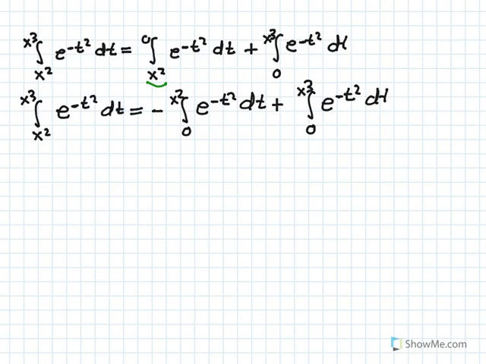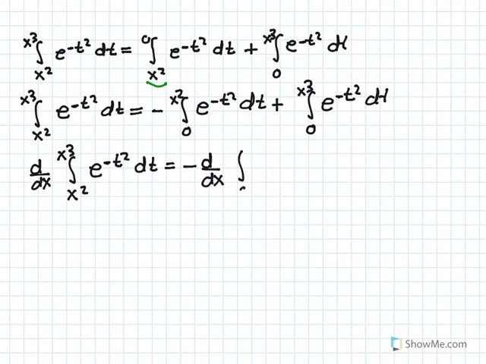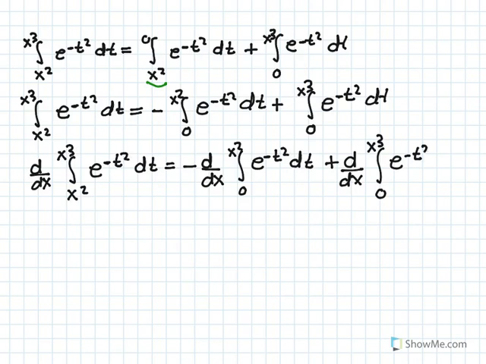The next step is to differentiate both sides of the equation with respect to x. So take the derivative of the left-hand side. That's d dx of the integral from x squared to x cubed, e to the minus t squared dt. That's equal to minus d dx of the integral from 0 to x squared, e to the minus t squared dt, plus d dx of the integral from 0 to x cubed, e to the minus t squared dt.